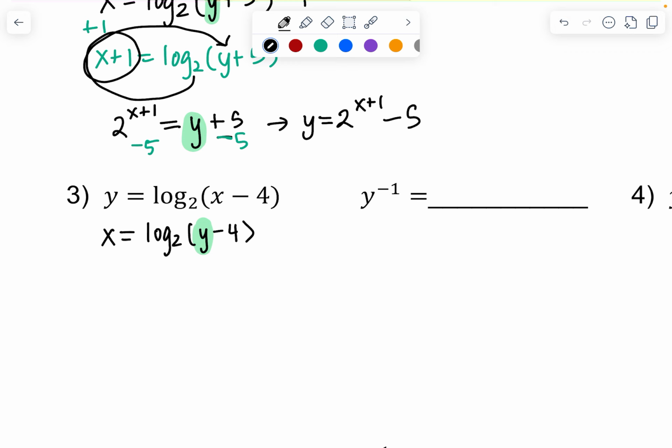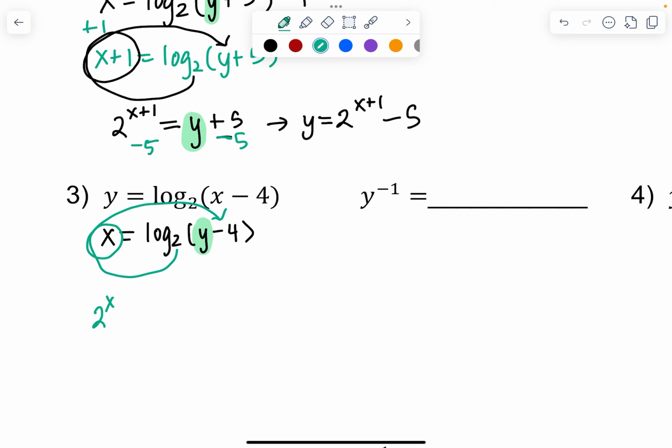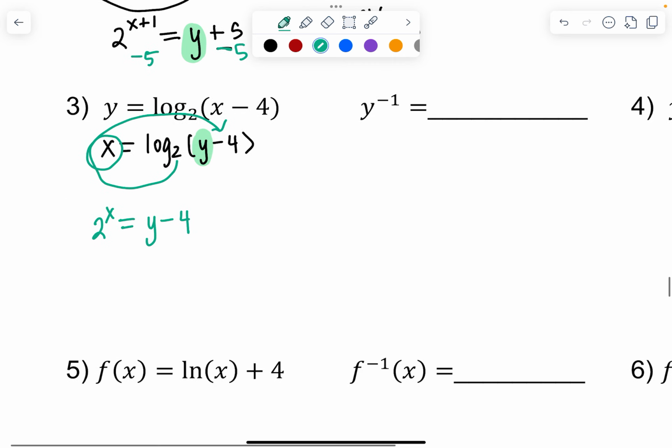And so we would have base 2 to the x power equals y minus 4. So 2 to the x power equals y minus 4. And now last step, we just add the 4 to both sides. And so we get y equals 2 to the x plus 4. So final answer, 2 to the x plus 4.